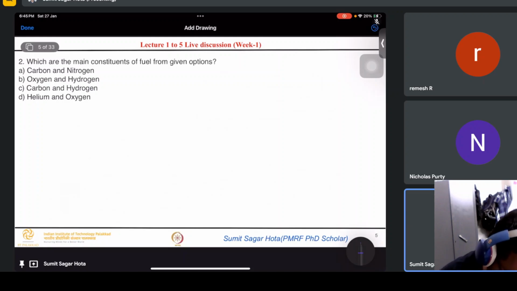Which are the main constituents of a fuel from the given options? Carbon, nitrogen. Carbon and nitrogen cannot be a fuel. Carbon only is there in the exhaust, so it's wrong. Oxygen and hydrogen.